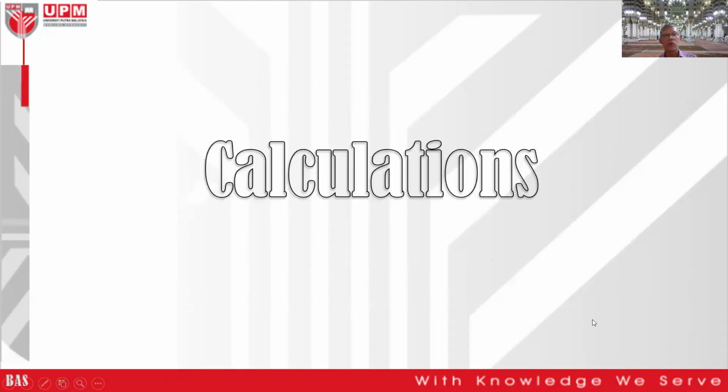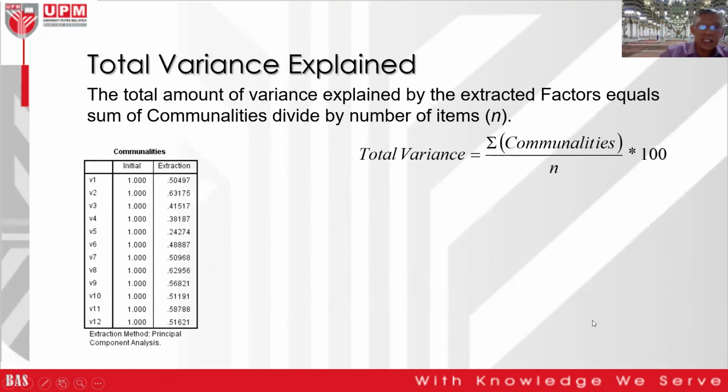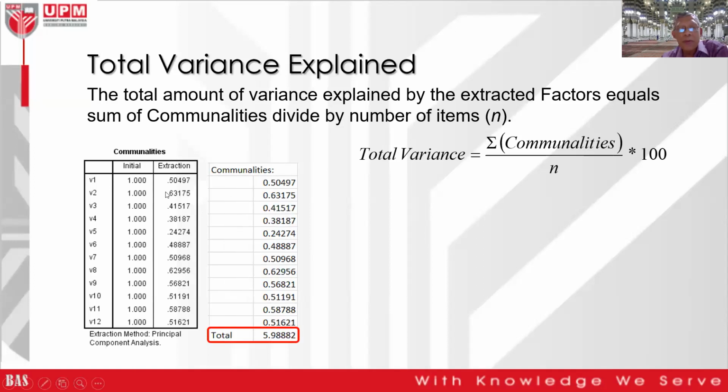If you follow through the calculation, the total variance explained equals the total of communalities divided by n, where n refers to the number of items or indicators, multiplied by 100. I'm using Excel. If you want an accurate calculation, you need to go beyond 2 or 3 decimal places, so that the result is more accurate and comparable to your SPSS output.